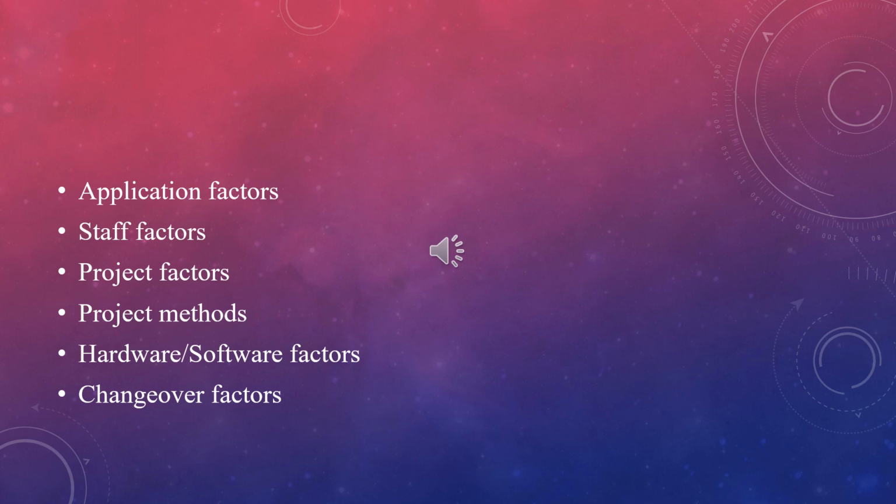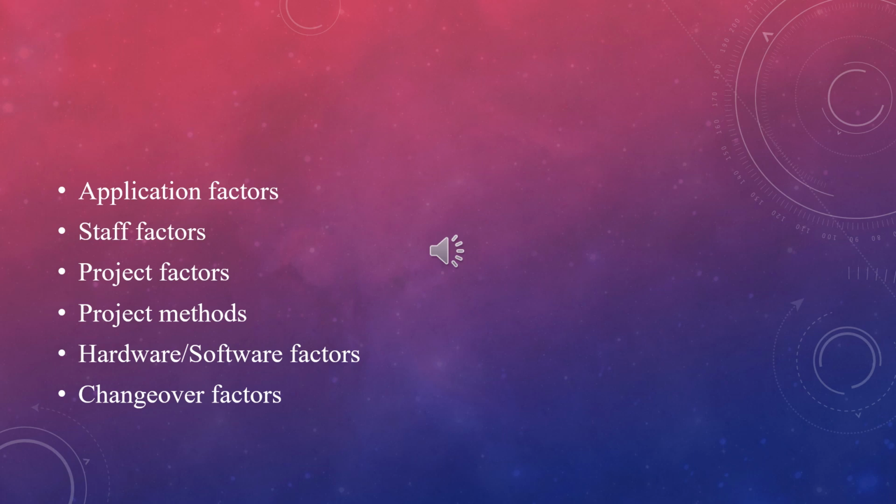Next set is changeover factors. The need for an all-in-one changeover to the new system poses particular risk. Incremental changeover or gradual changeover minimizes the risk involved, but it is not always practical.